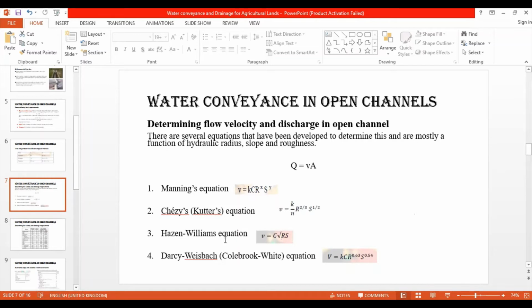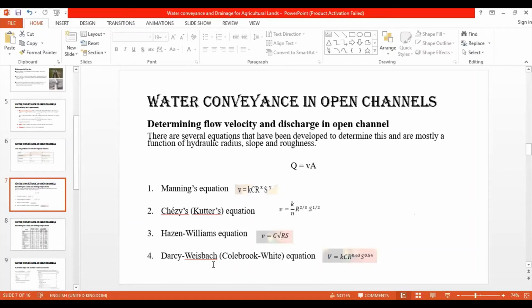Then we have the Hazen-Williams equation. It has similar parameters, so it has the C, the R, and the S. It just depends on which one is appropriate for you to use at that particular time.